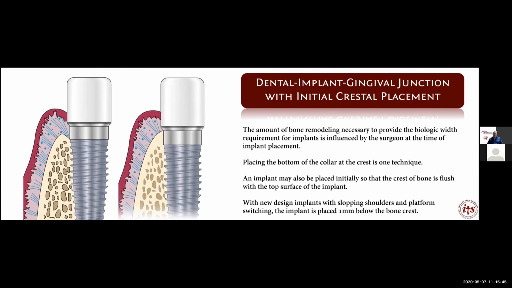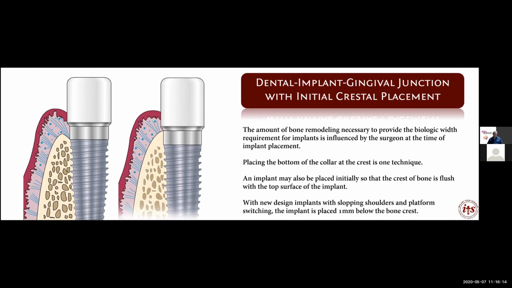Placing the bottom of the collar supracrestal to the alveolar bone is one technique. Another is to place the top of the implant collar above the bone crest. If the implant is placed below the alveolar crest, bone will always resorb to reestablish the zone of the dental implant gingival junction.